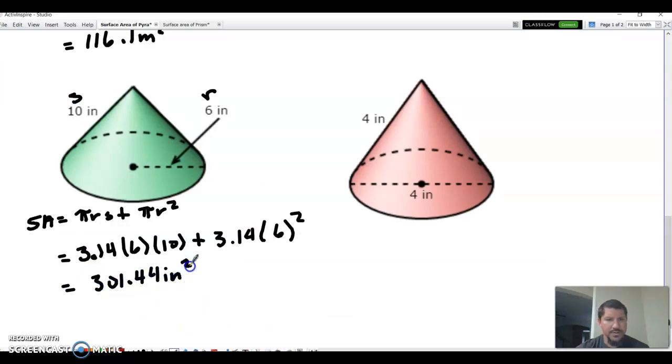301.44 inches squared. Okay, so that's the diameter, which means that my radius is actually 2.